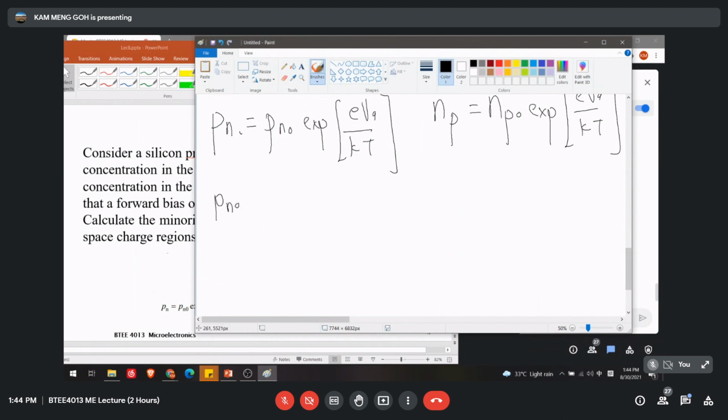PNO. At first we need to know what this is: the thermal equilibrium minority carrier in the N region. But what about the thermal equilibrium majority carrier in the N region?